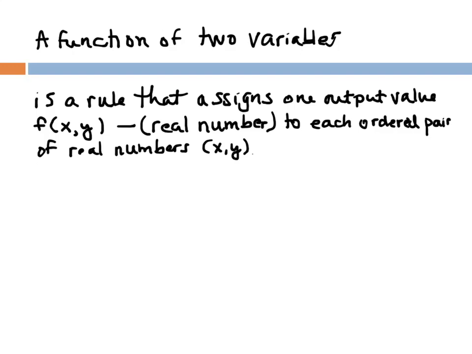Okay, so this value xy is in the domain of the function. So we still have to talk about domain values and what works and what doesn't, which is actually where we're going to start. The domain of the function.